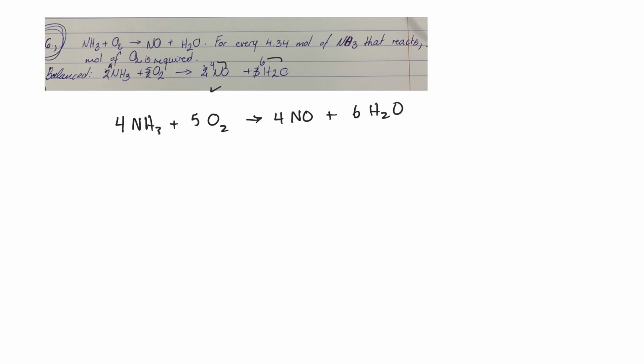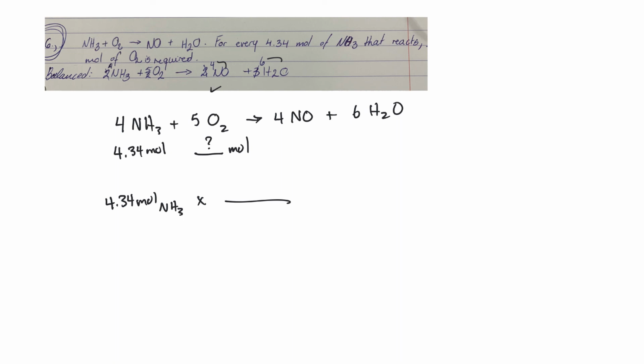Okay, so similar thing. For every 4.34 moles of ammonia that react, how many moles of oxygen are required? So similar question. So you write down what you're starting with, 4.34 moles of ammonia, and you multiply it by a mole ratio. And really, some people say you multiply by what you want over what you've got.